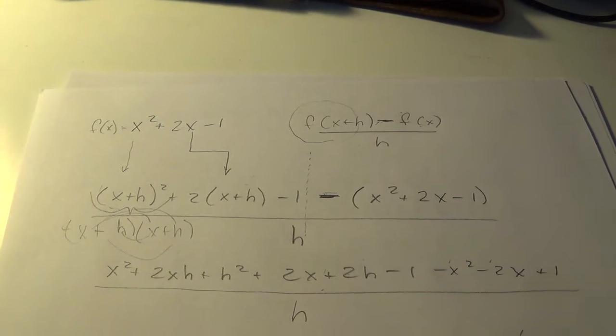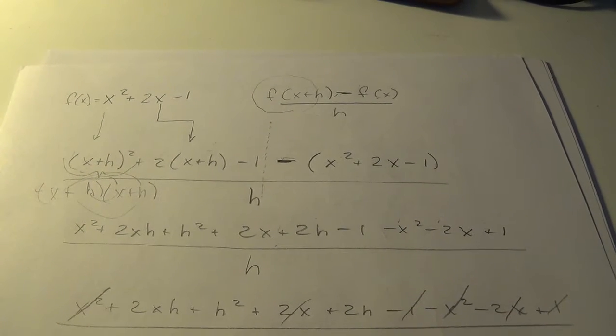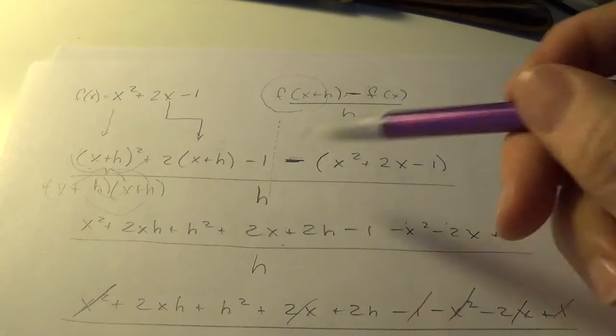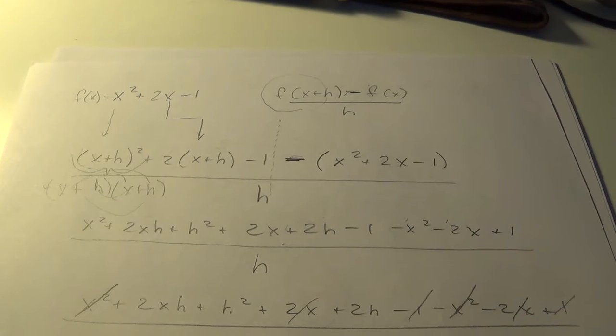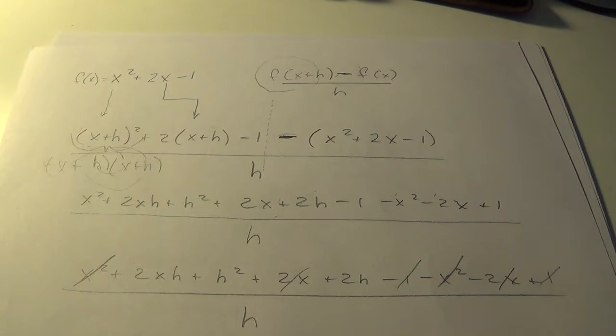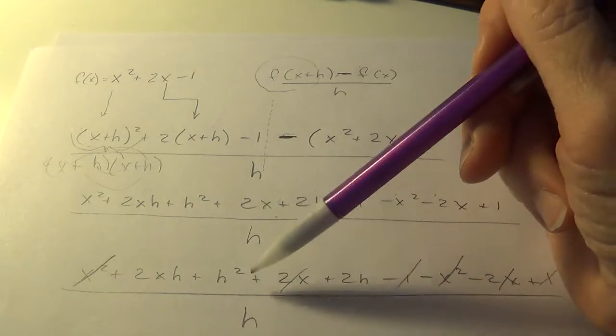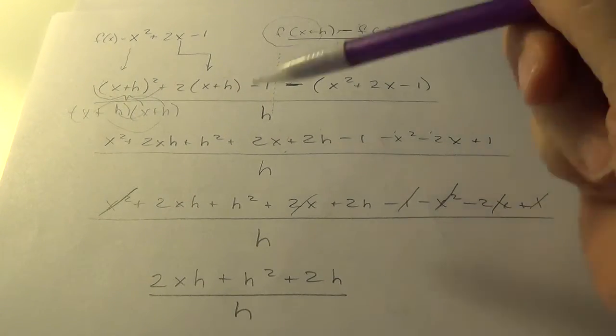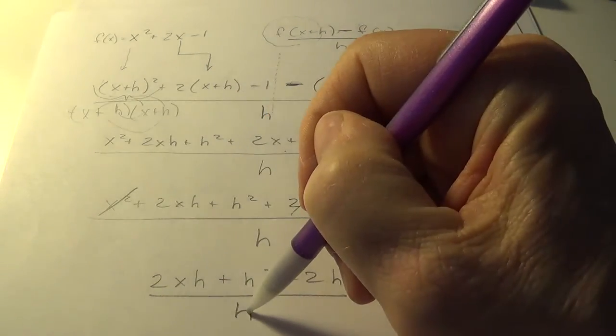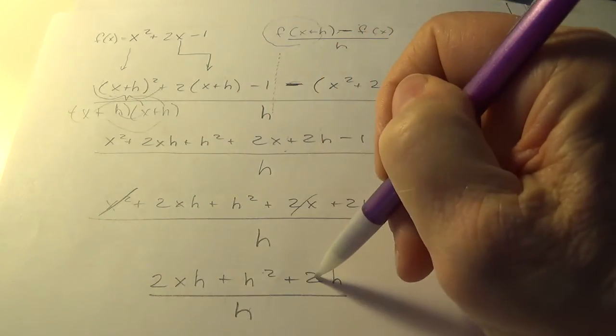Alright, then it becomes a lot of fun because all these things cross out. So the x squares cross out, the 2x and the minus 2x, the minus 1 and the plus 1. So you know you're on the right track if a lot of things drop out. And notice the terms that remain all have h in them, which causes us to simplify further. So this h will cancel an h in each term.